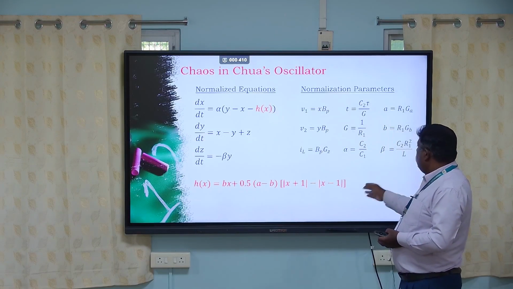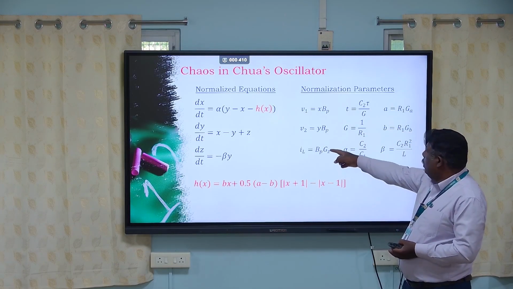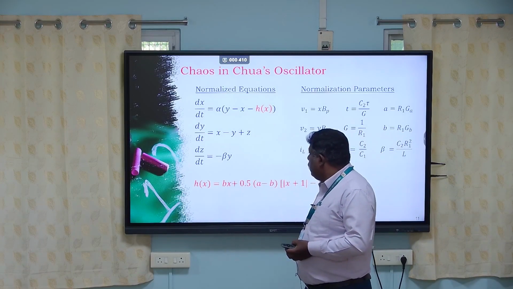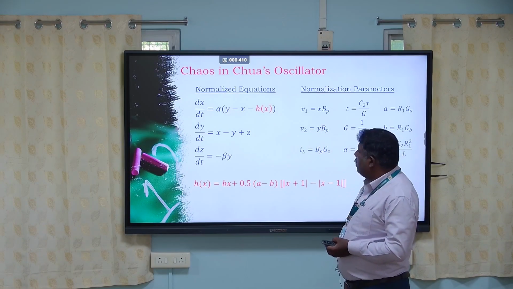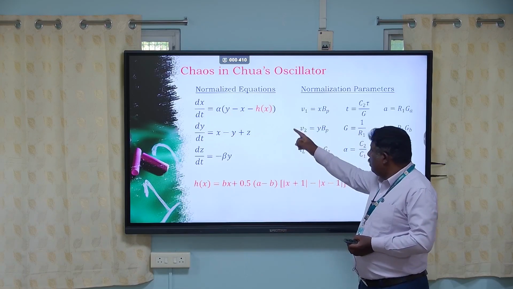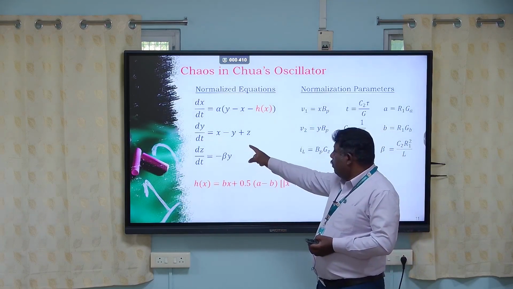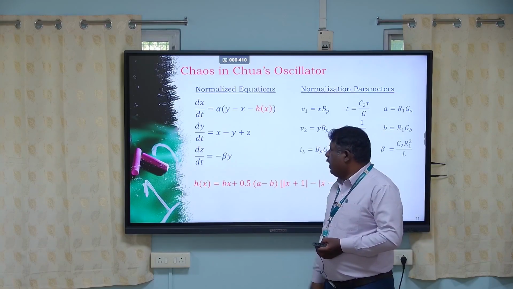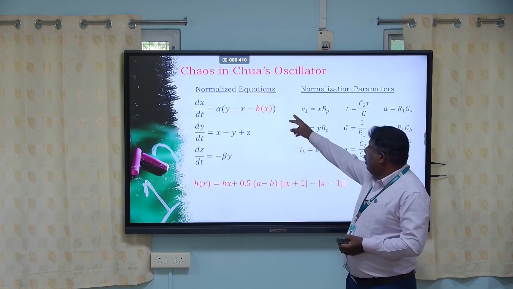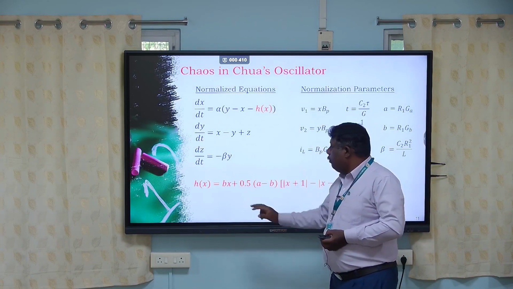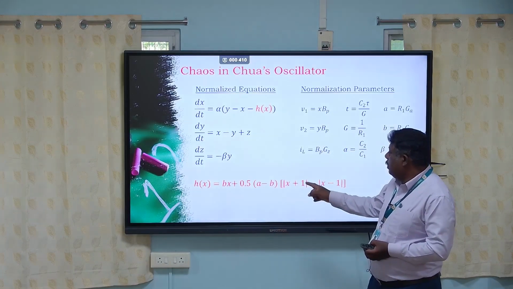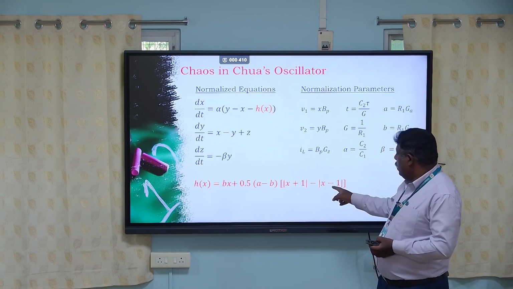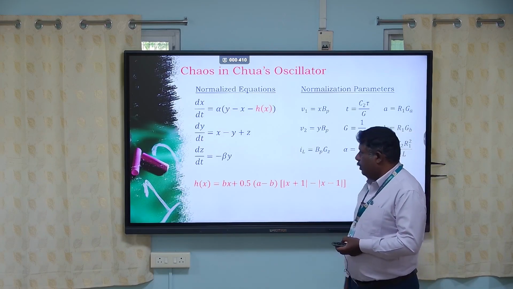Like this, we take the variables and we get the equations. dx by dt is equal to alpha (y minus x minus h of x), and dy by dt is equal to x minus y plus z, and dz by dt is equal to minus beta y, and the nonlinear element h of x is equal to bx plus half of (a minus b) into (modulus of x plus 1 minus modulus of x minus 1).